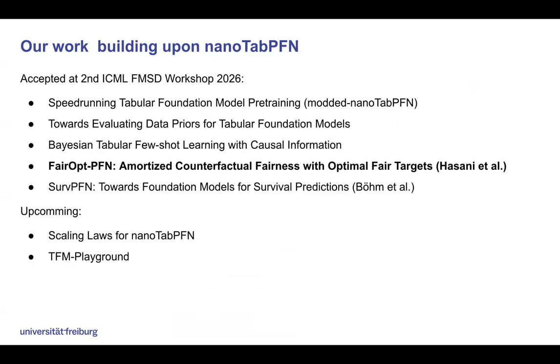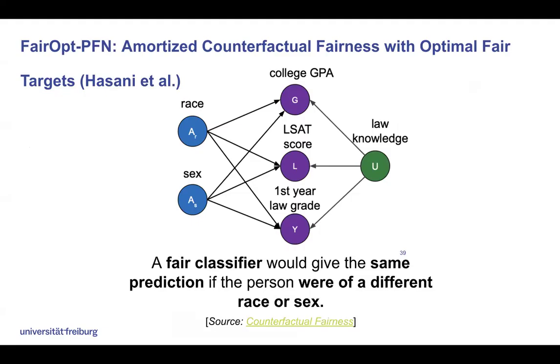Then we have FairOp-PFN. This is by Enes Hassani. Here the idea is that we have certain kinds of data sets where we consider some attributes as protected. In this example, we consider race and sex as protected attributes.